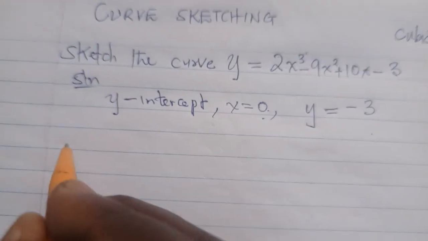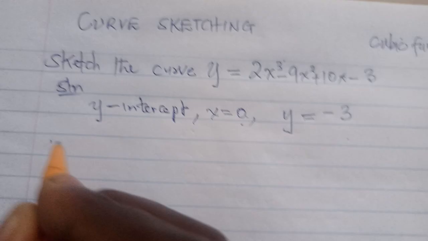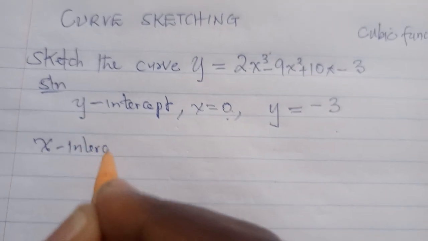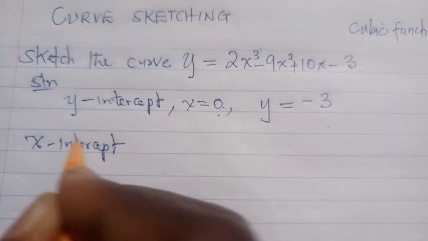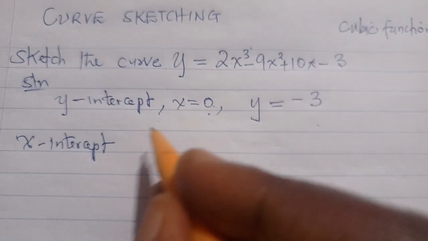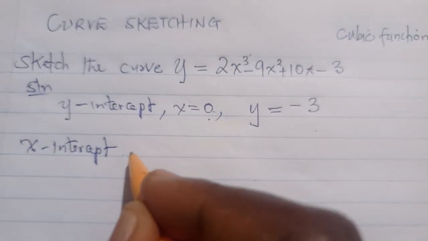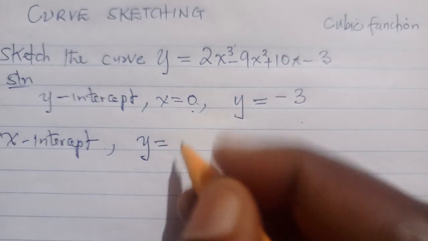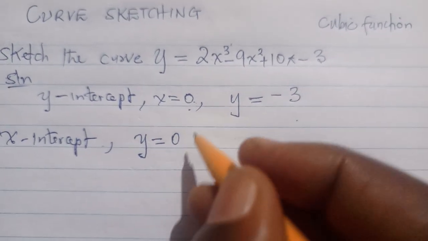Now the next thing we need to look for is the x-intercept. Now again at the x-intercept, it's the value of y that will be equal to 0.